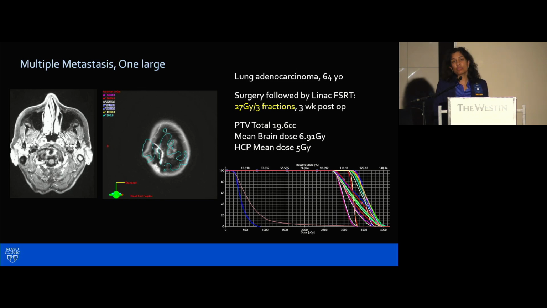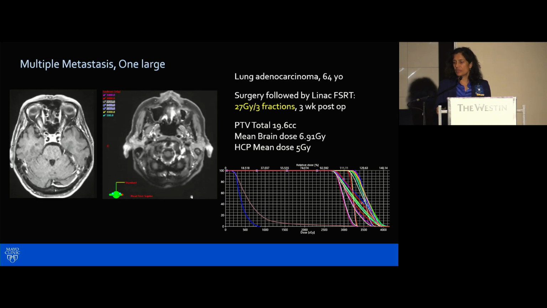We did it 3 weeks post-op, so that seems to be something also for direction, is that ideally after surgery, you should get the treatment in within a month or so. The PTV total was 19.6 cc's. The mean brain dose was 6.9 gray, and then hippocampal doses were 5 gray. So hopefully with this approach, we get good tumor control, spare neurocognitive issues, and memory issues with that plan.